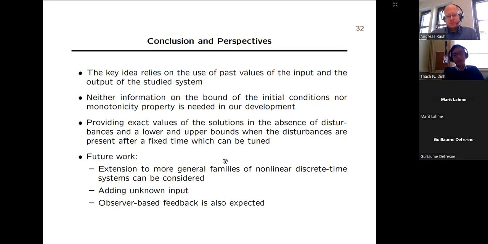For future work, actually I do not have time, but I'm writing a work on extension to a more general family of linear discrete time systems, because now we can add some noise into the nonlinear part of the system, and we can add as well some unknown inputs.